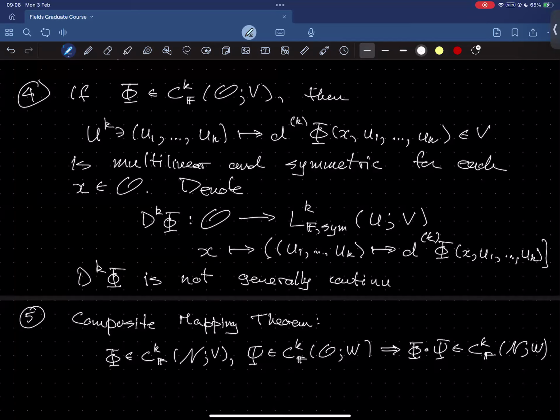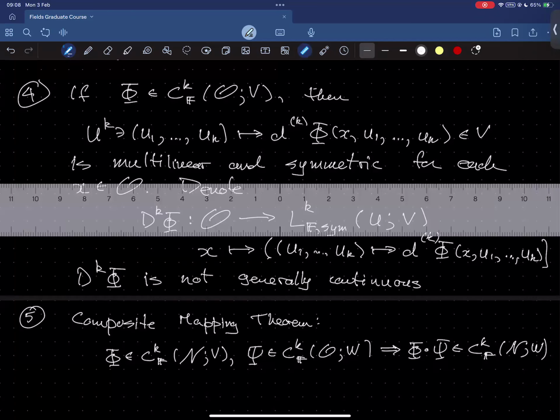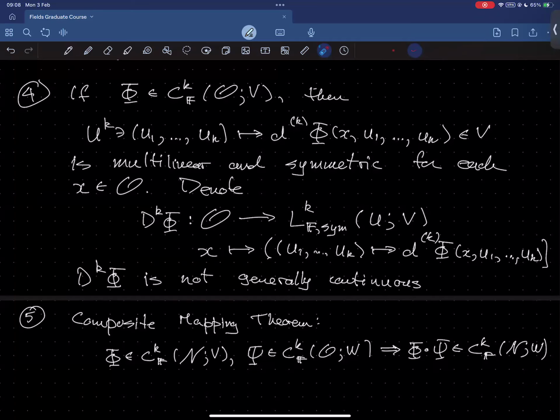And this is one of the ways in which this theory of differentiability differs from the version you would have learned in multivariable calculus, because the very definition of being class C^k in the classical version of multivariable calculus is that this thing is continuous. So in our theory, it's not. And we talked about this in some detail for the case that k equals 1, but this is true for arbitrary k.